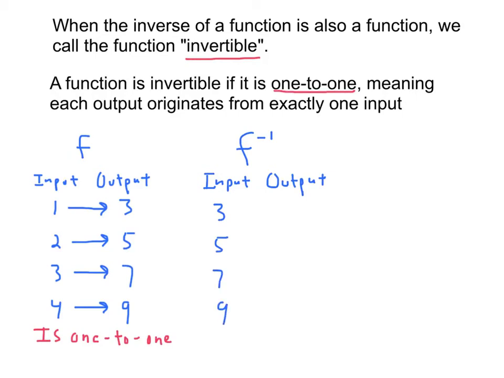And f inverse would send 3 to 1, because it just does the reverse of what f does. f sends 1 to 3, so f inverse is going to send 3 to 1. And similarly, f inverse is going to send 5 to 2, and 7 to 3, and 9 to 4. And notice that this f inverse is a function. So it is a function.